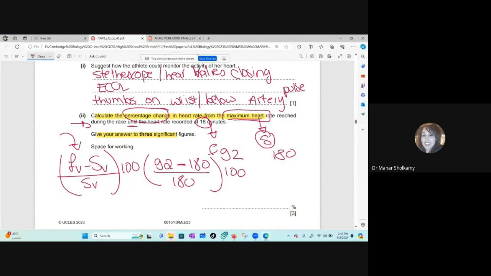I will get exactly minus 48.8. I will round it off because they want 3 significant figures: minus 48.9. And you will write the negative sign.